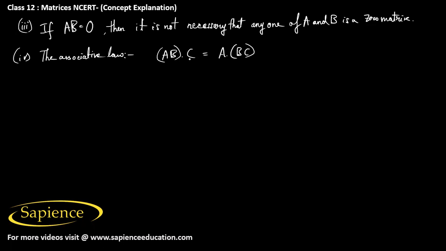So AB into C is equal to A into BC, if both sides of the equality are defined.